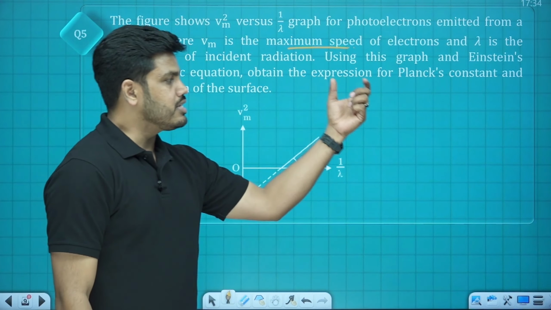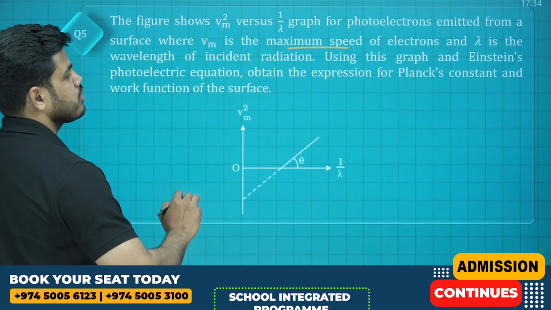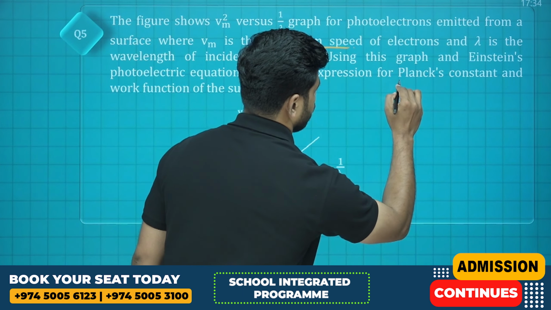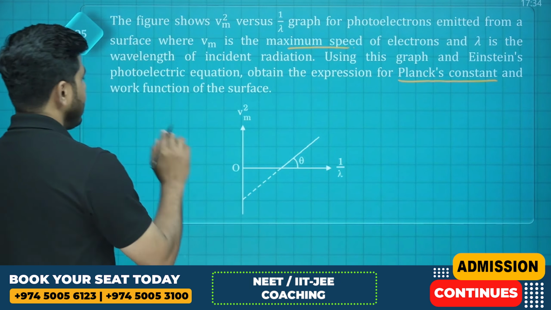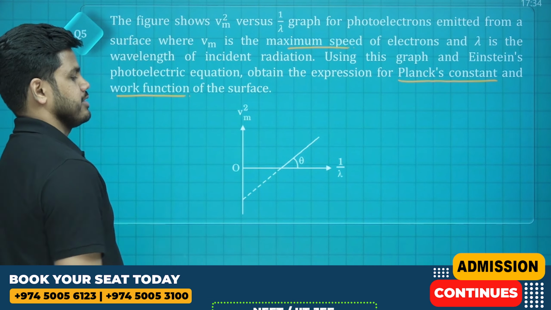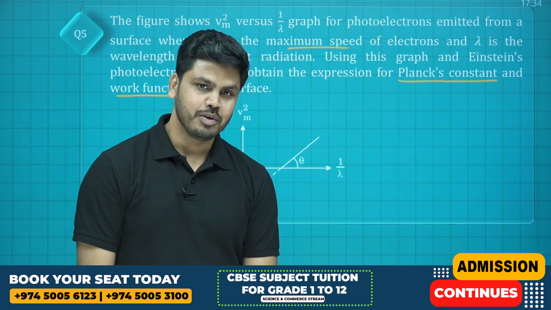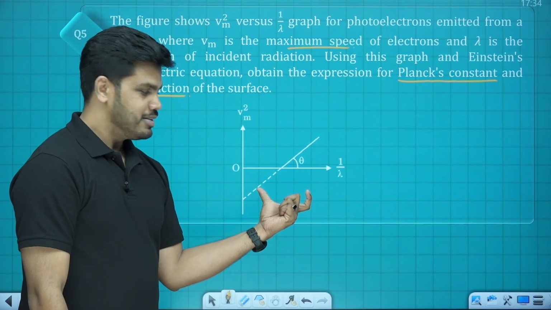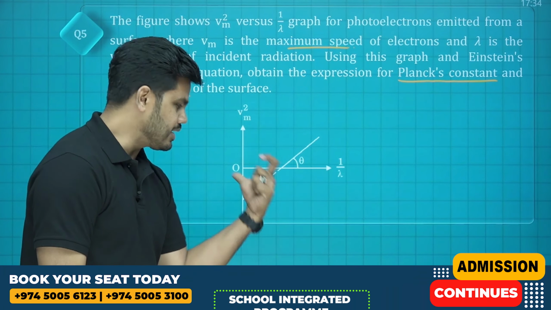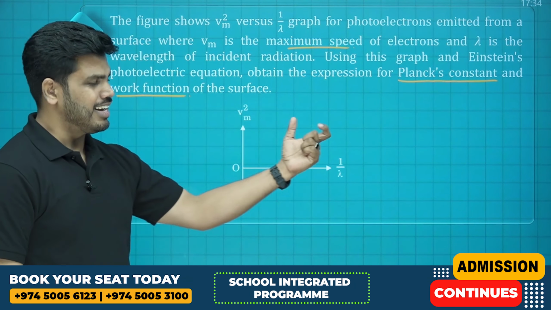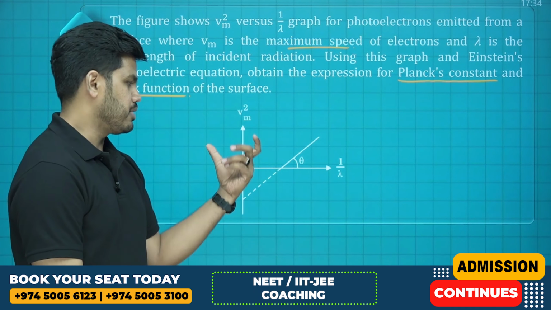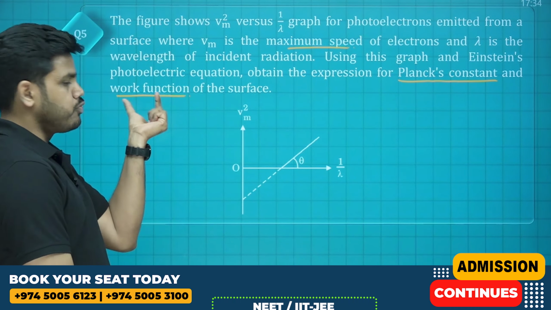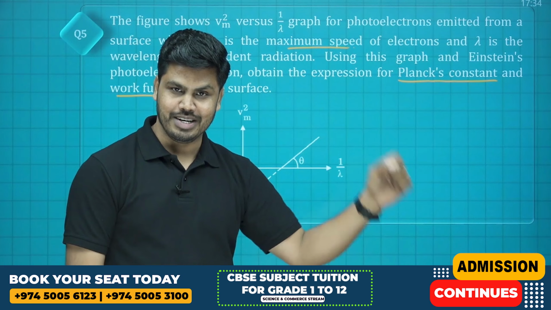Using this graph and Einstein's photoelectric equation, obtain expressions for Planck's constant and work function. No numerical values are given, so we will get an expression for h, Planck's constant, and an expression for the work function. These are the two quantities to be calculated.